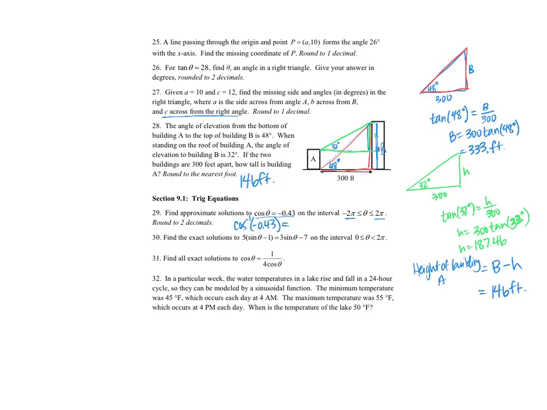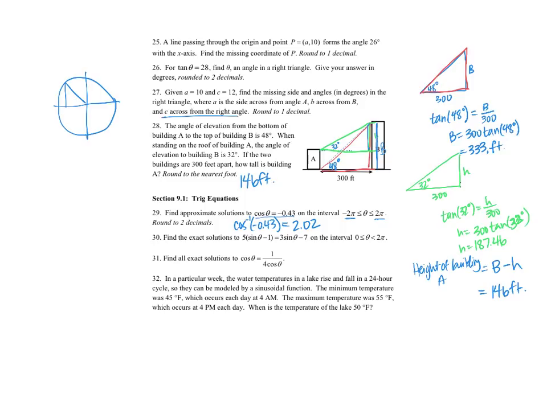And so I'll do cosine inverse of negative 0.43, and that gives me 2.015. I want to round to 2 decimal places, so 2.02. Okay. And if I think about where that is, that's going to be in the second quadrant.